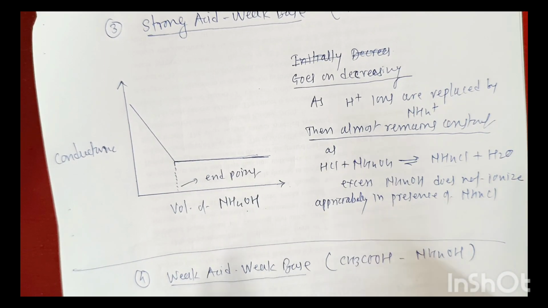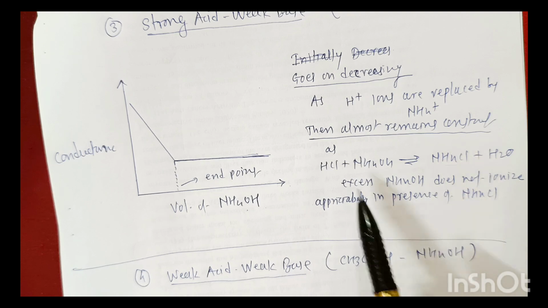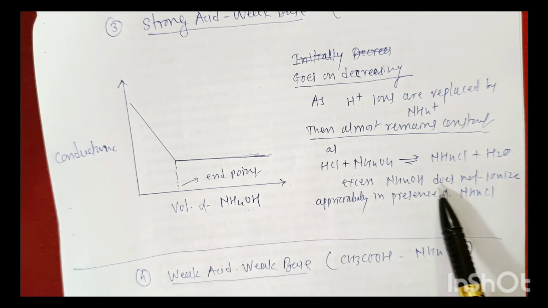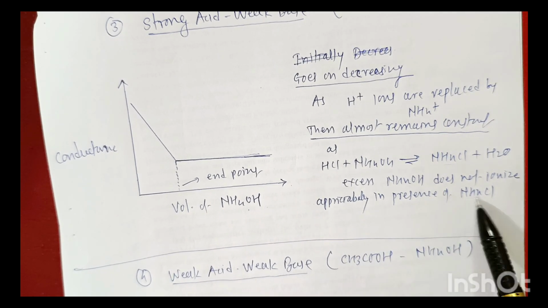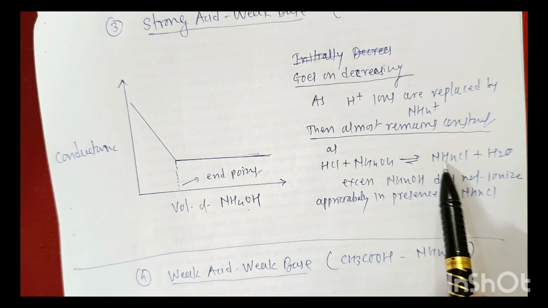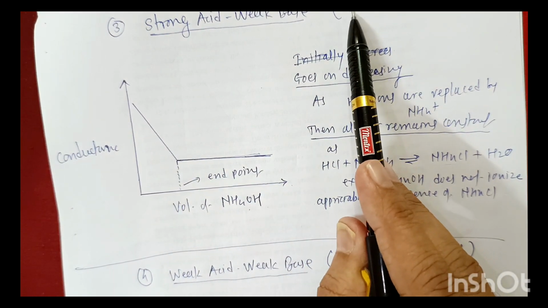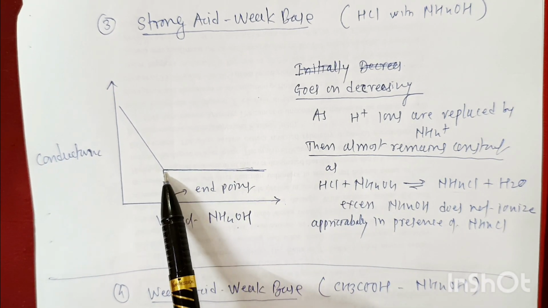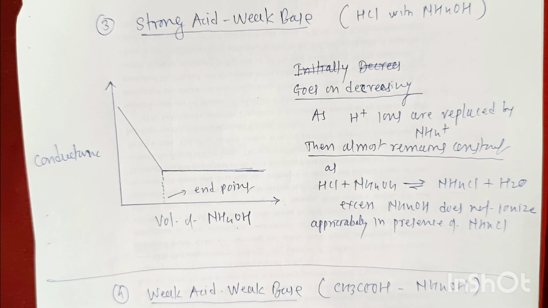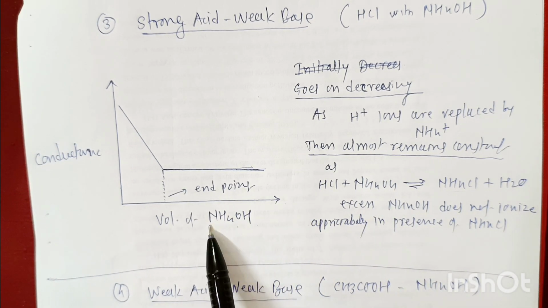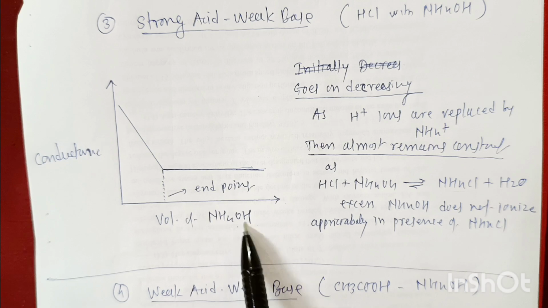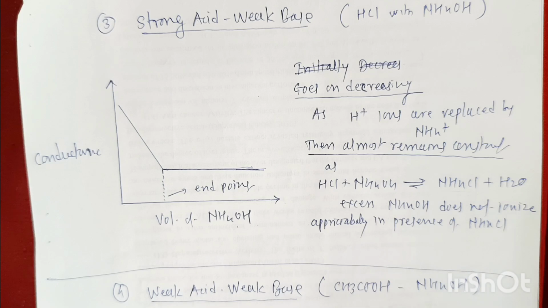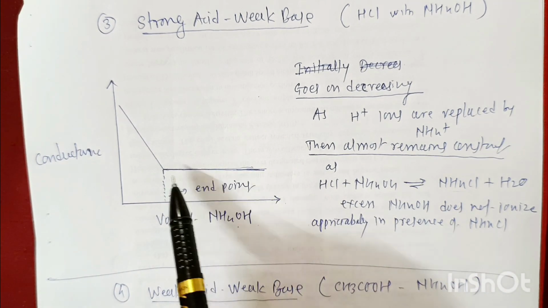There is no change in conductance, it almost remains constant, because after neutralization the NH4OH added from the burette does not ionize appreciably in the presence of NH4Cl, which is already formed in the beaker due to the neutralization of HCl, and that's why the conductance almost remains constant.